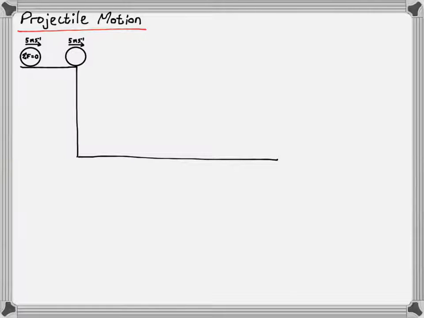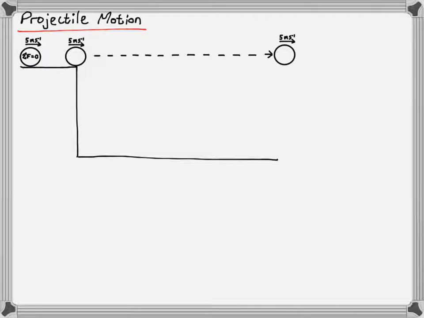So what happens when it rolls off the edge of the cliff? Well, if there was no gravity, then the stone would travel along at a constant horizontal displacement with a horizontal velocity of 5 meters per second forever and ever. However, because there's gravity, the stone will gain a vertical downward velocity.